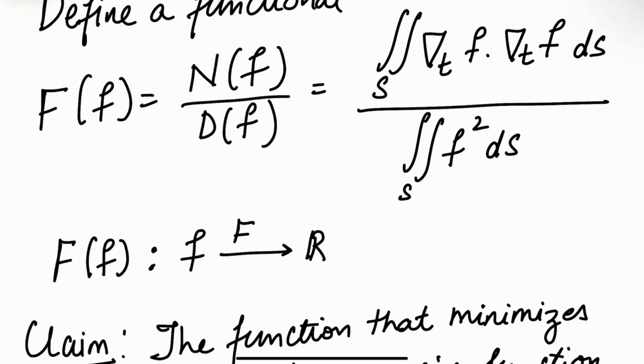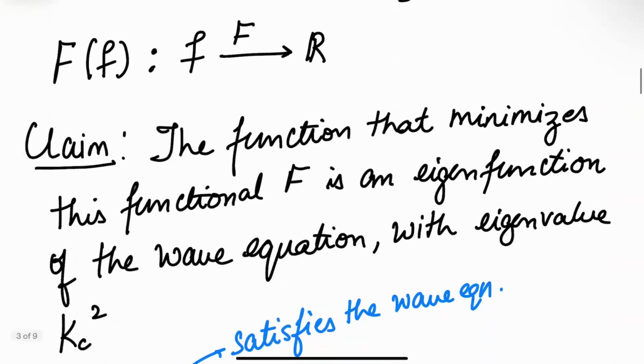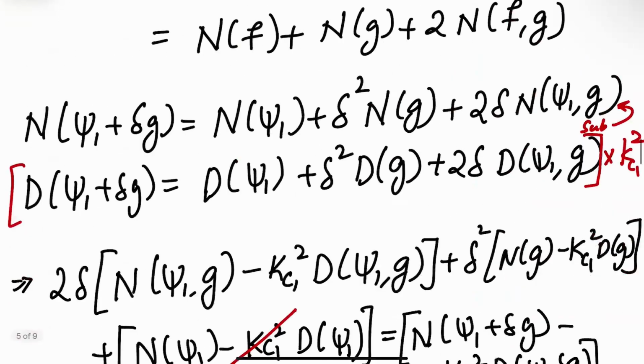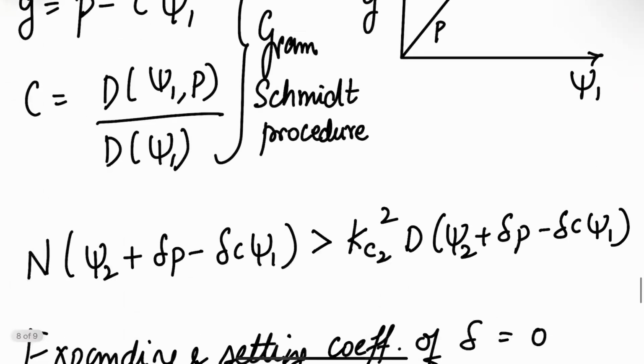The function that satisfies that equation is the wave function. Okay? All right, so that completes the development of the variational process.